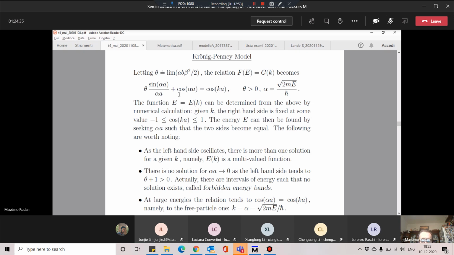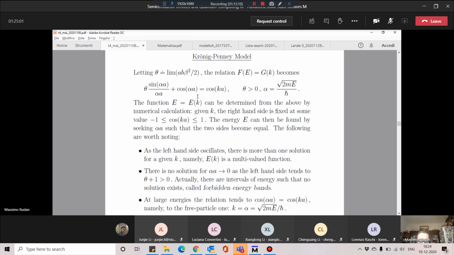Because instead of calculating the relation E of K, we may calculate the relation K of E, the inverse relation. So we may fix K, and when we fix K, we, of course, impose a value to the right-hand side.